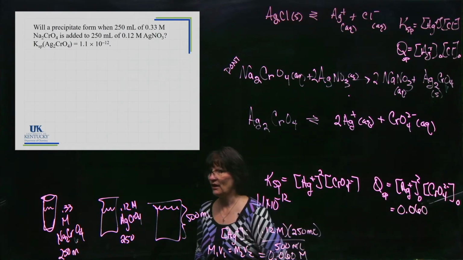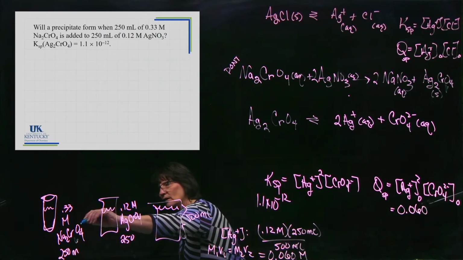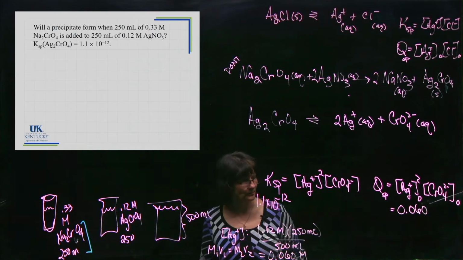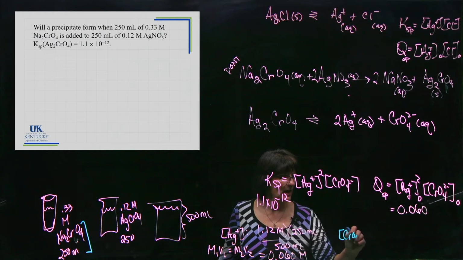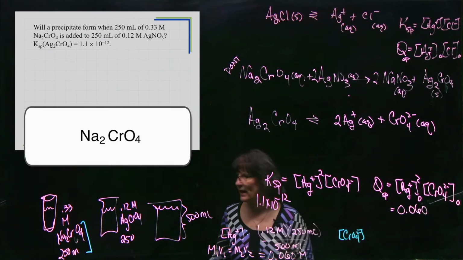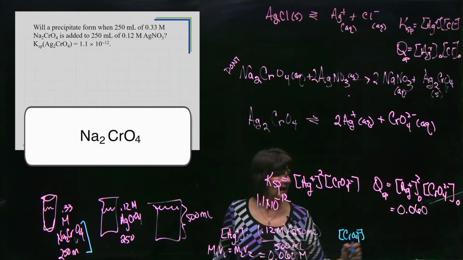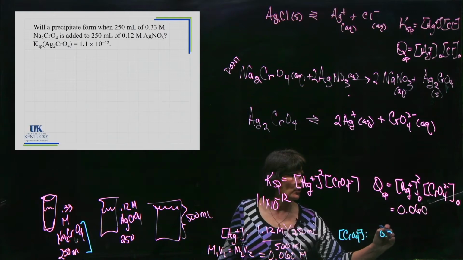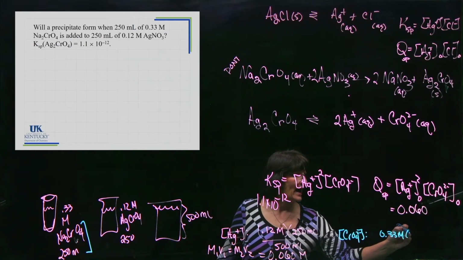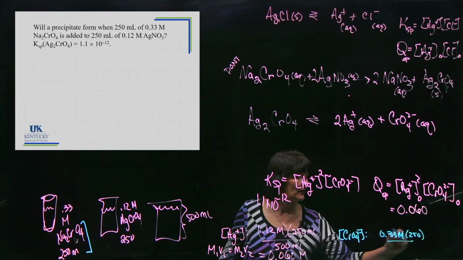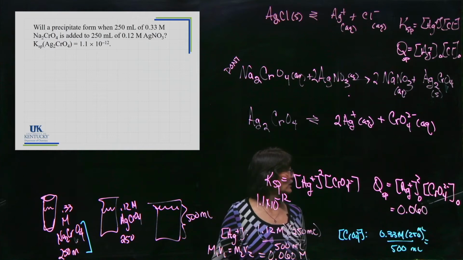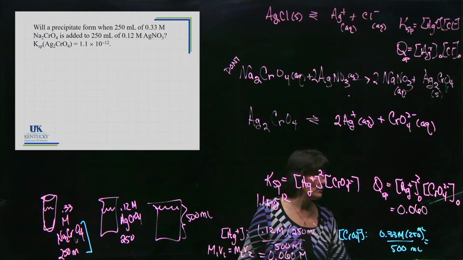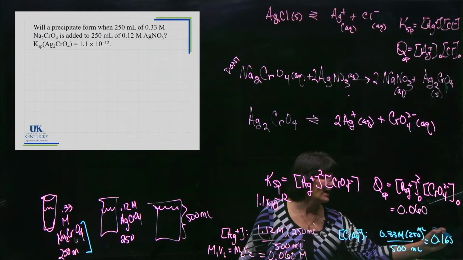Now, let's do a similar thing for the sodium chromate, in a different color so we can keep track of it. We're going to do it in blue. To get the chromate concentration, which I need, I'm going to take the sodium chromate solution. Its concentration was 0.33 molar. I had 250 milliliters of it, and I diluted it to 500 milliliters. What that is going to give me is a concentration of 0.165.